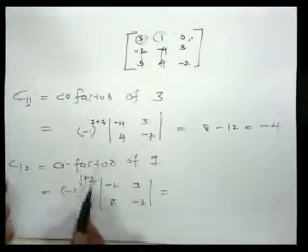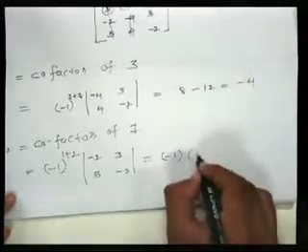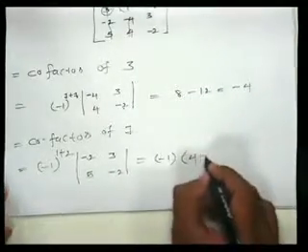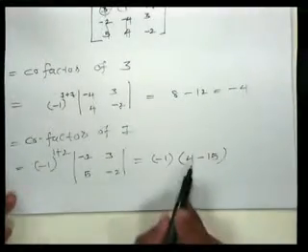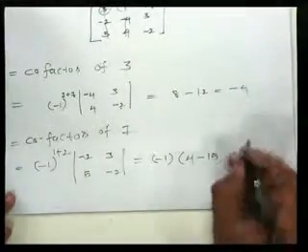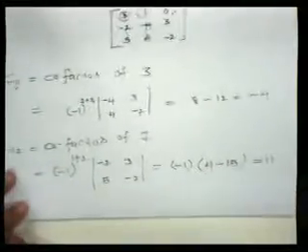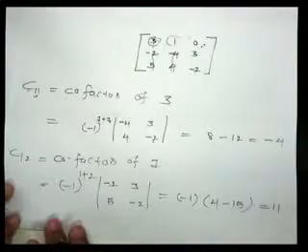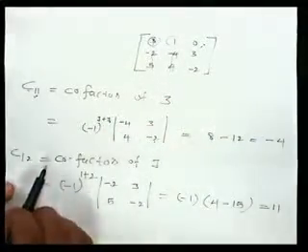Now minus 1 raised to 1 plus 2 is minus 1 raised to 3, so that is minus 1 into (4 minus 15), so minus 11 into minus 1, so 11. Clear? So now you can find the cofactors of all the elements, right?